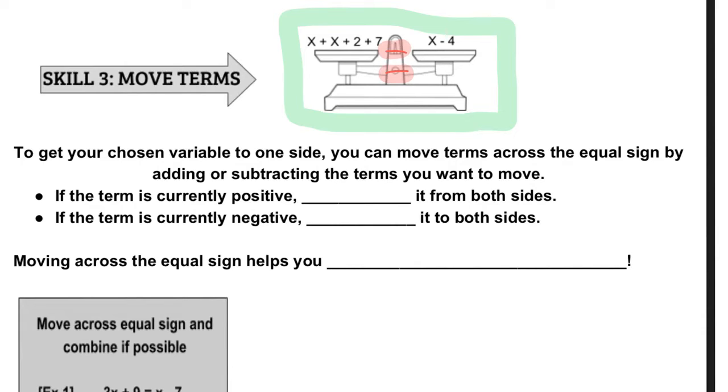If the term is currently positive on the side that you have it, then you are going to subtract it from both sides. Because if we think about it, the opposite of positive is negative. And then if the term is currently negative, we are going to add it to both sides. So we are always thinking about opposites.